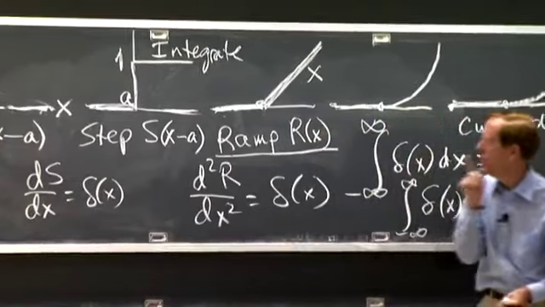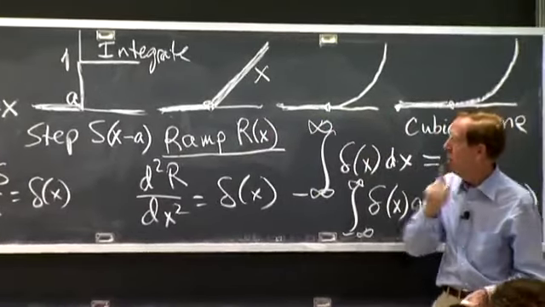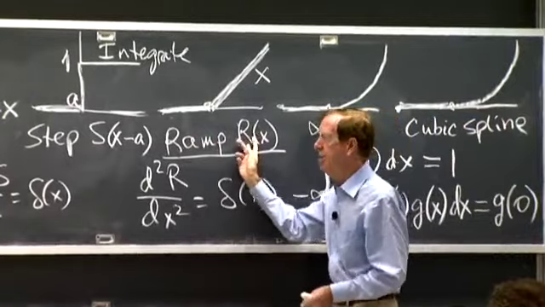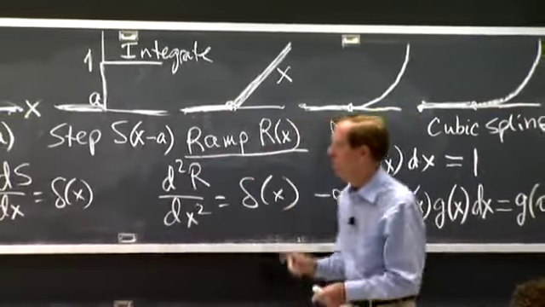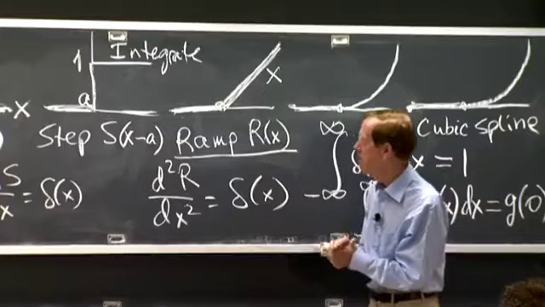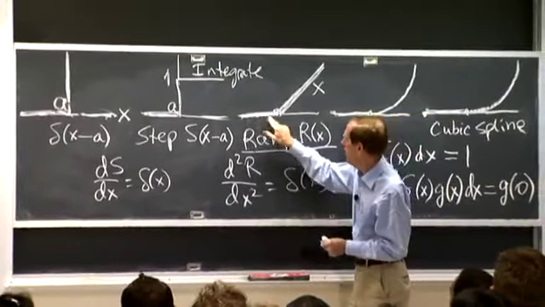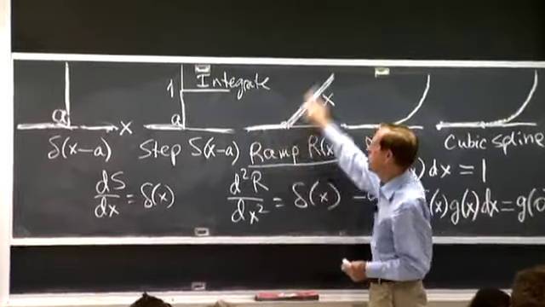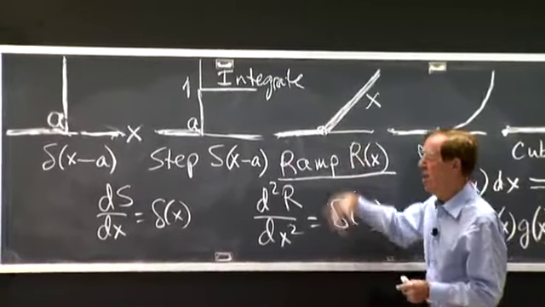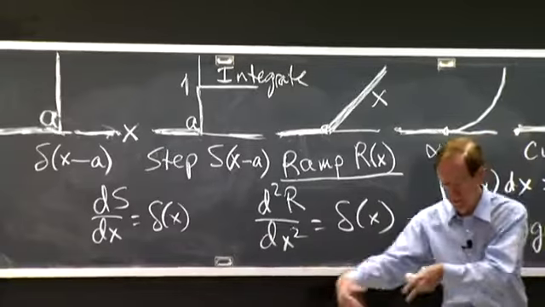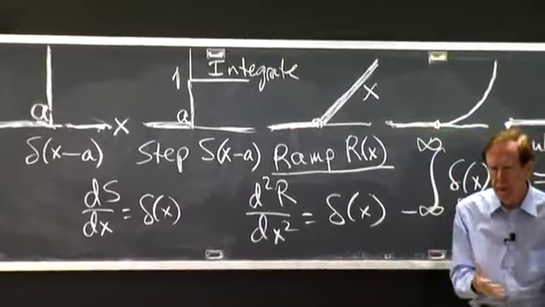What does the second derivative do? Well, since I integrated twice, going back 2 steps, I'll find out what the second derivative is. So the first derivative takes a jump. The second derivative is the derivative of that jump, so it's got the impulse.